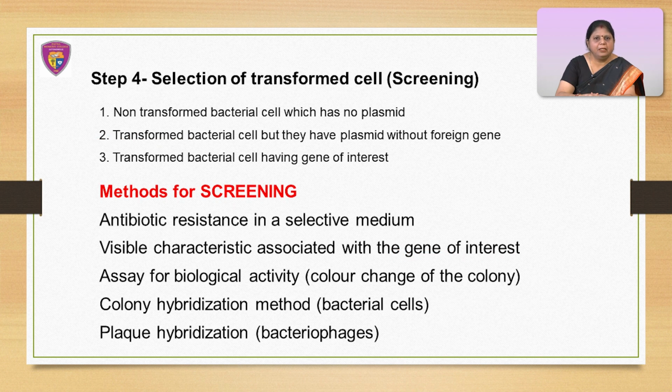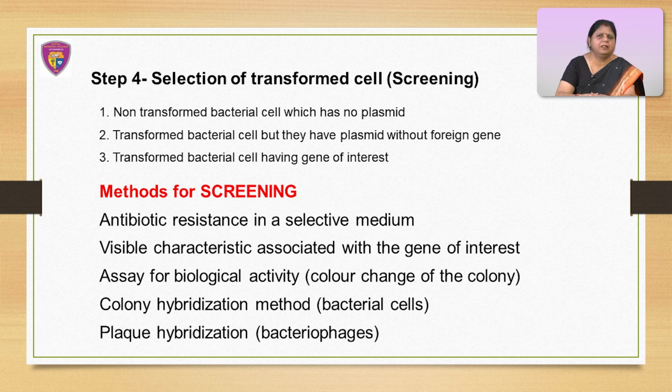Fourth step is selection of the transformed cell. As the process of transformation completes, three set of colonies develop. The first cell will have no plasmid. The second transformed cell will have the plasmid but without the foreign gene, and the third group will have the transformed cell having the gene of interest, that is the insulin gene. For screening, gene of interest is generally labeled with a selectable marker.